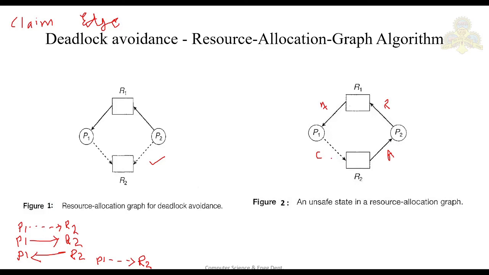That means there is a possibility that P1 would request R2 anytime. If P1 requests R2, then your claim edge would be converted into a request edge. So then what will happen? You will end up having a cycle in your resource allocation graph, right? That means there might exist a deadlock.